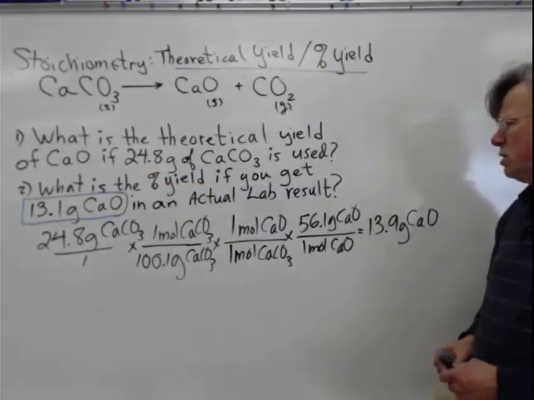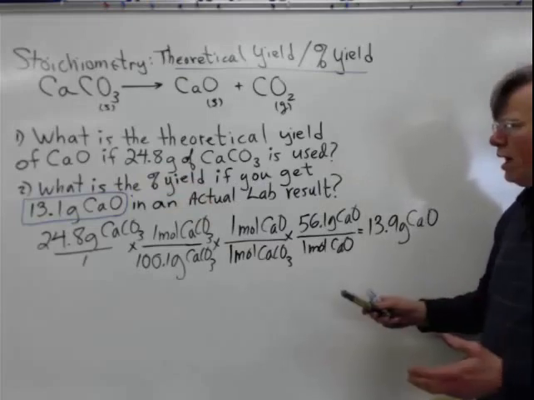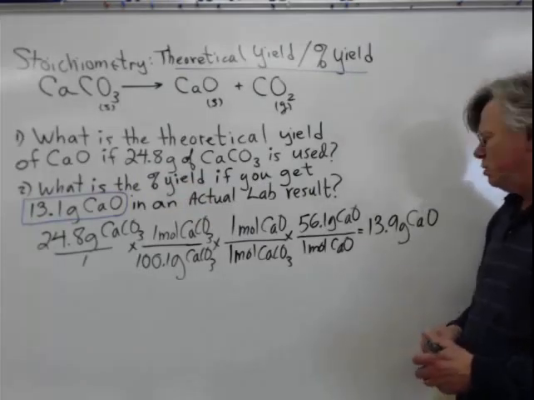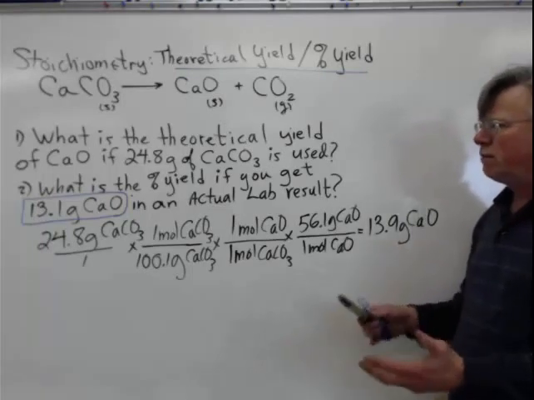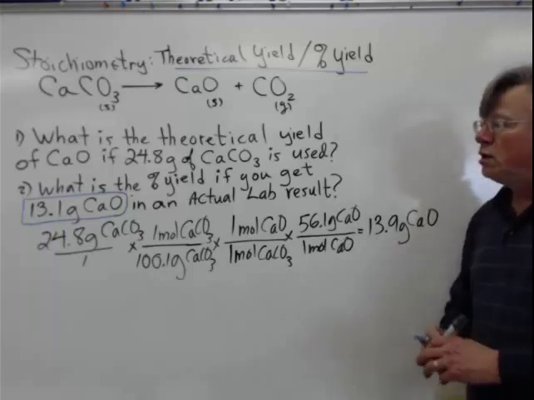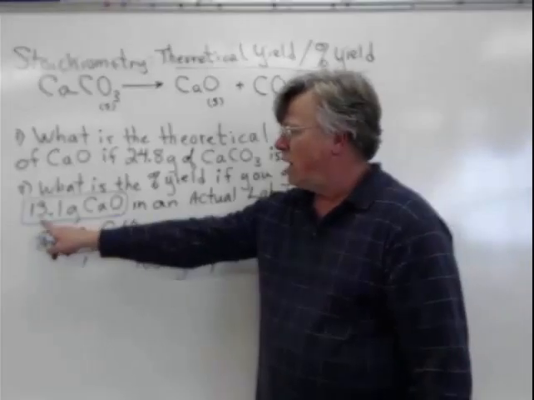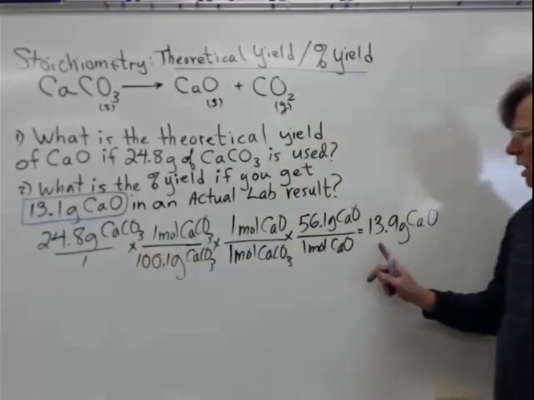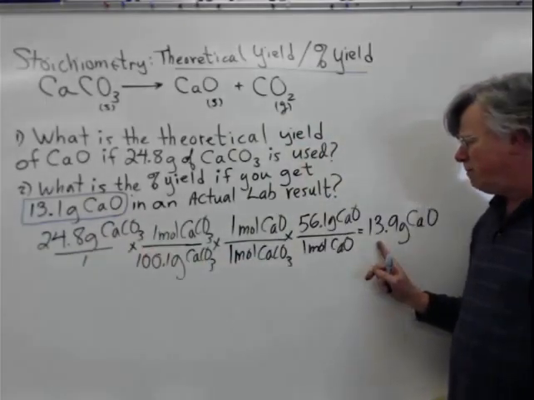But the second question is, if I do a lab, typically you get a little bit less in the lab than you do theoretically, something is lost or something doesn't react completely. So then I notice I have a result of 13.1 grams of calcium oxide, less than the theoretical maximum.